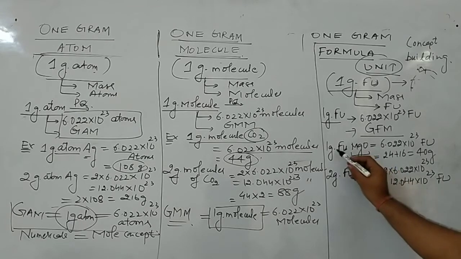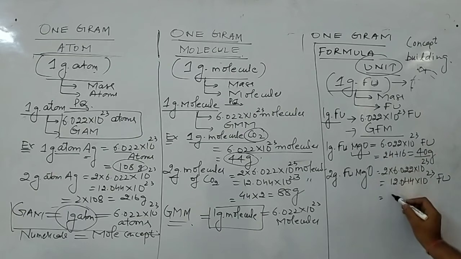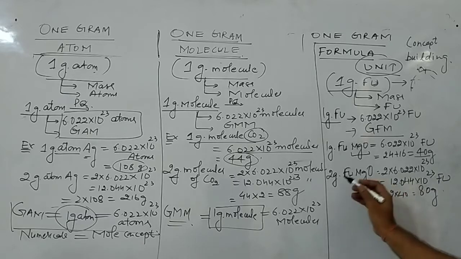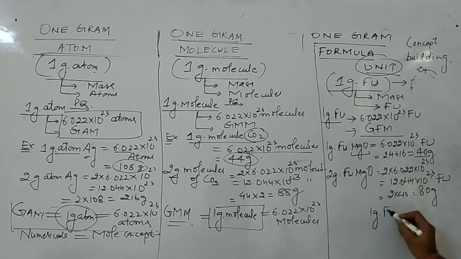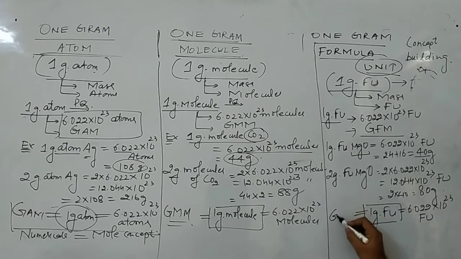And remember, 1 gram formula unit has a mass of 40 gram, so this will be 2 × 40, that is 80 grams. And in the last I can write: 1 gram formula unit contains 6.022 × 10^23 formula units and has a mass equal to the gram formula mass.